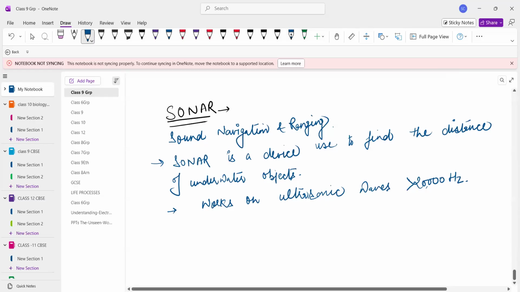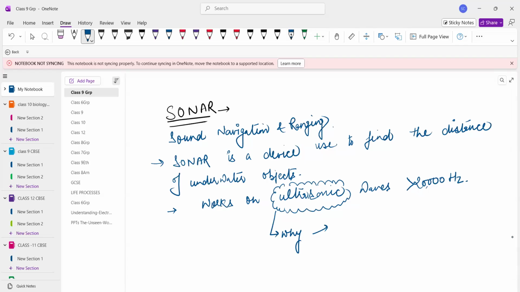Okay, so why specifically are we using these ultrasonic waves in the sonar? First reason, these ultrasonic waves do not get absorbed in water easily.